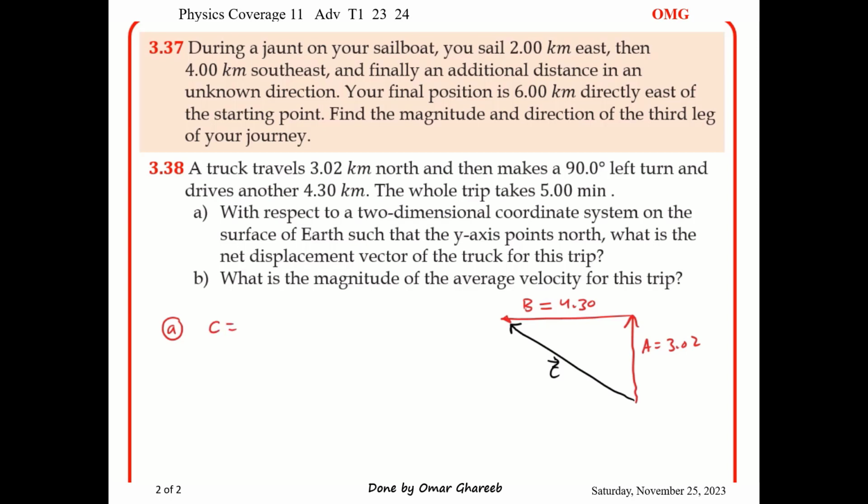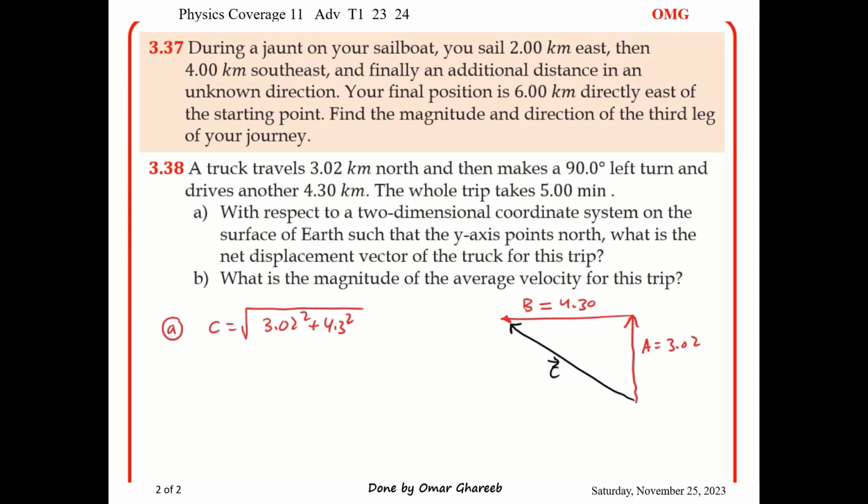C equals the square root of 3.02 squared plus 4.3 squared.